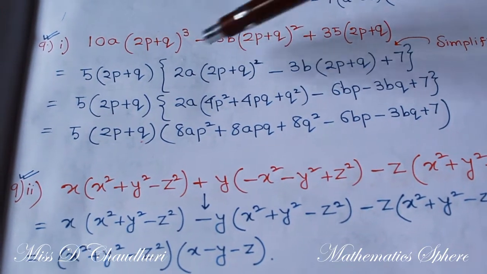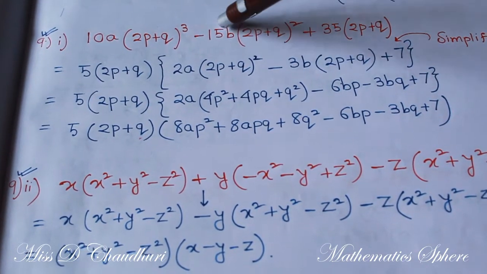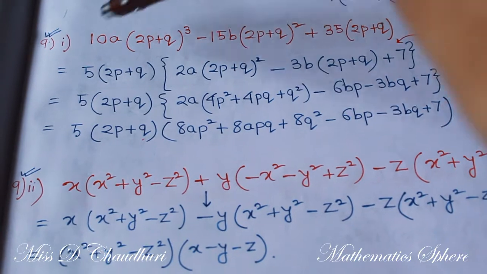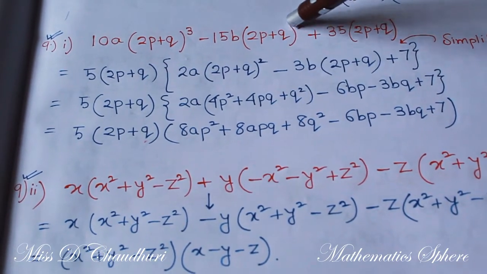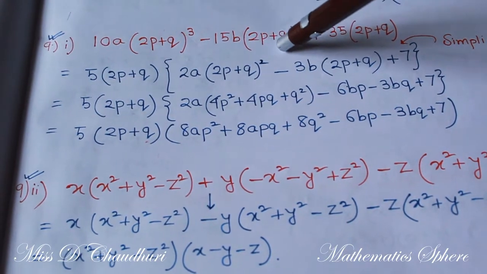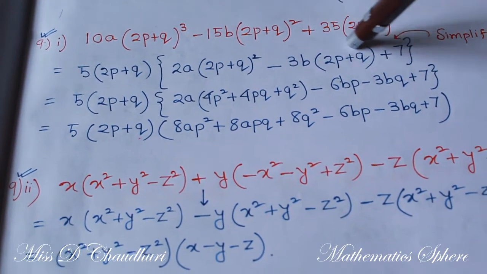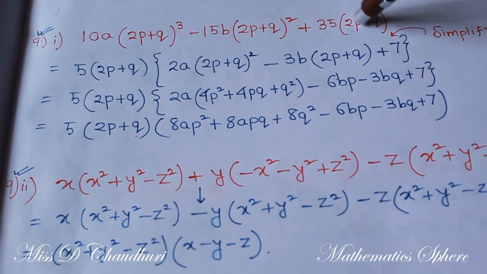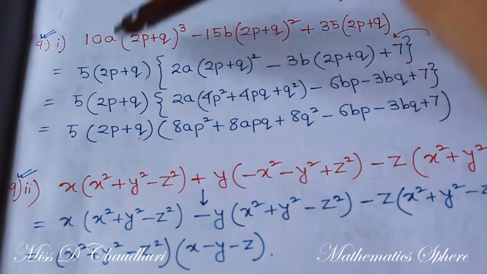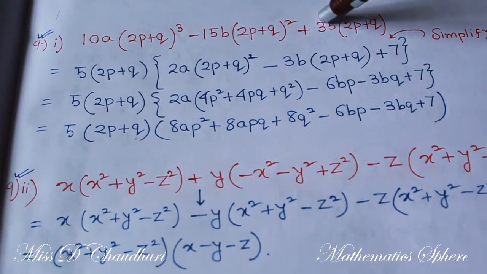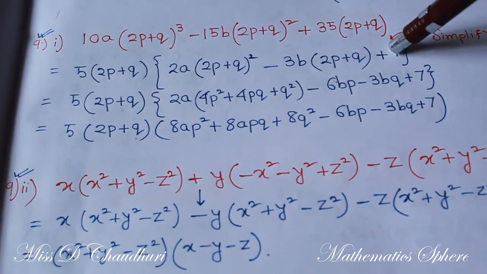Now for the next term, 15b into (2p plus q) whole square. Out of 15b, 5 is outside, so minus 3b will remain here, and from this type of things, 1 is out there, so 1 will be remaining. Now come to the third term, 35 into 2p plus q. So 2p plus q is already there outside. Out of 35, 5 is already outside, so 5 7s are 35, only 7 will be remaining.